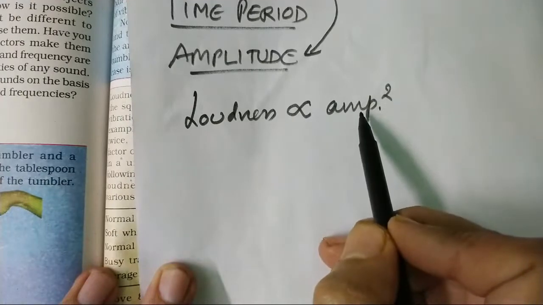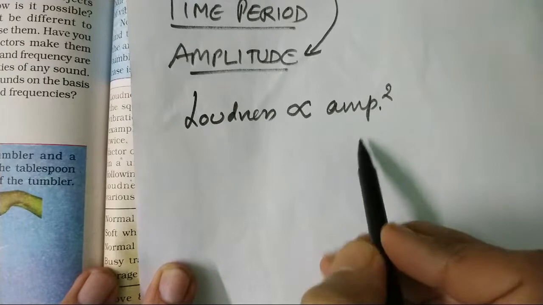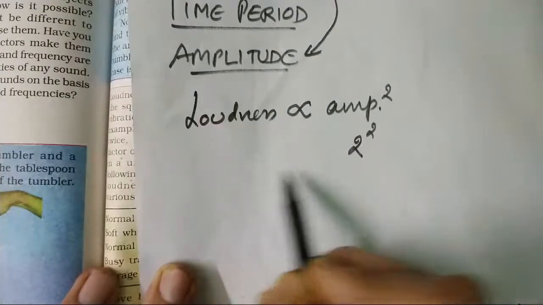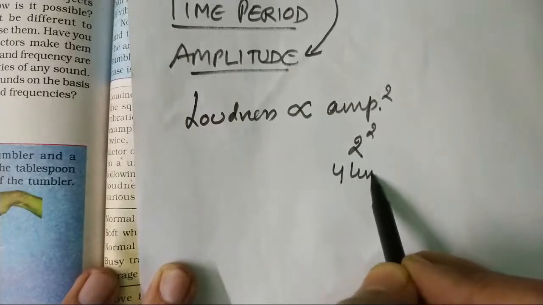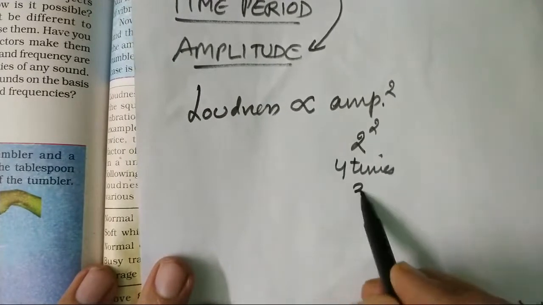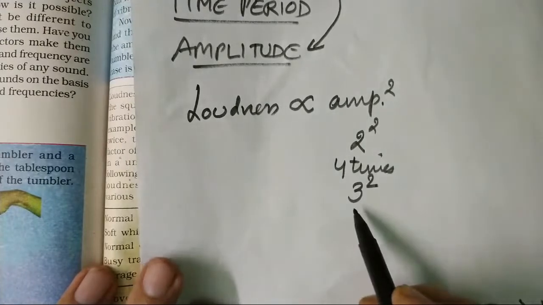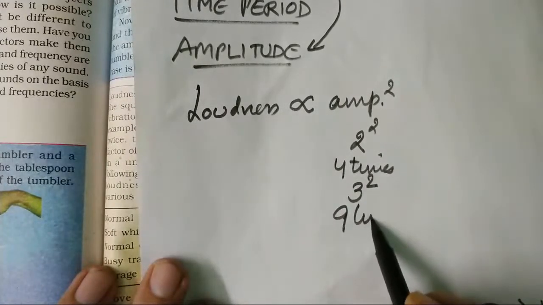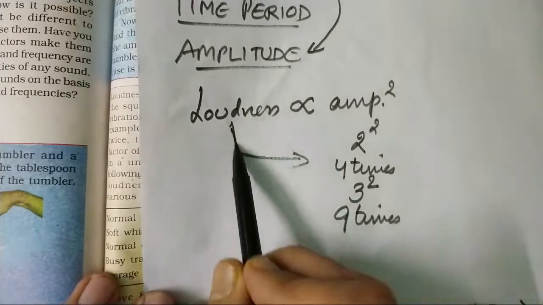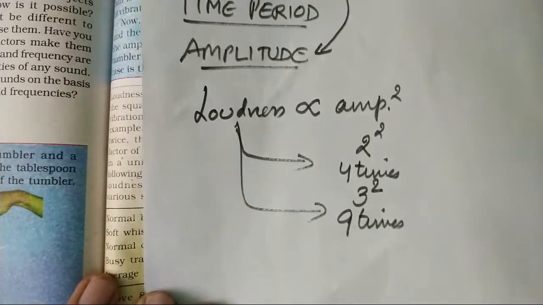So if the amplitude becomes double, what will happen? Then the loudness will become 4 times. If the amplitude becomes 3, it will be 3 square, which means it will become 9 times. That is the meaning of loudness. So loudness depends upon amplitude.